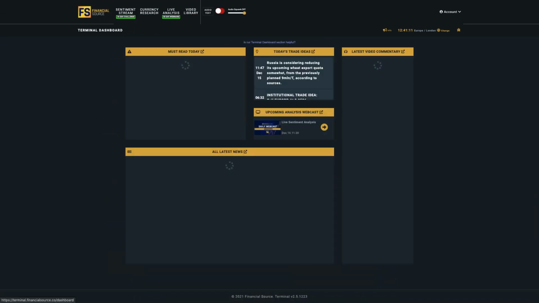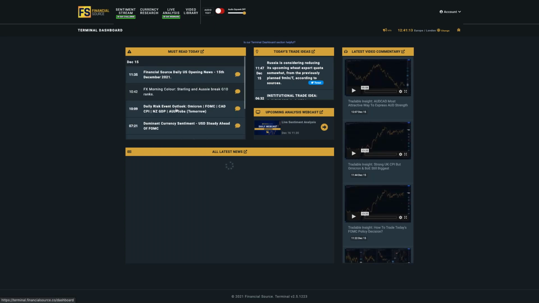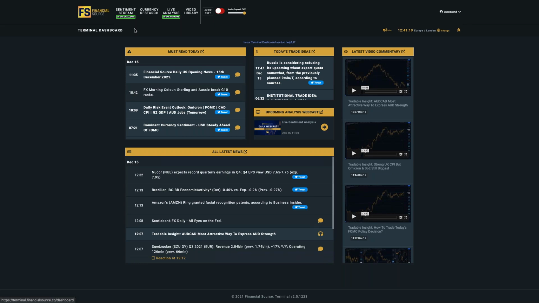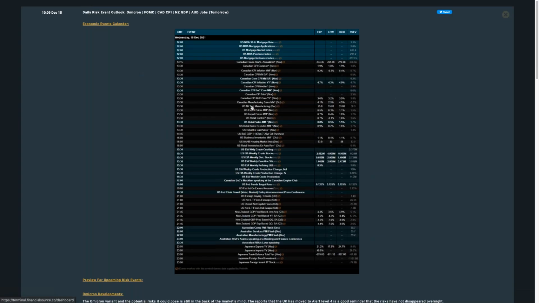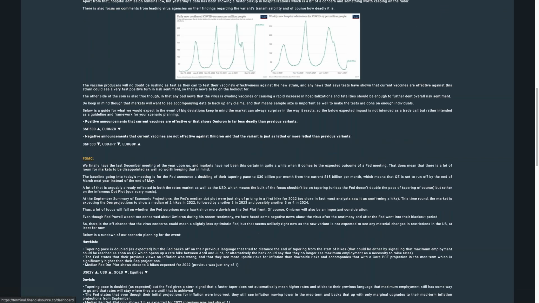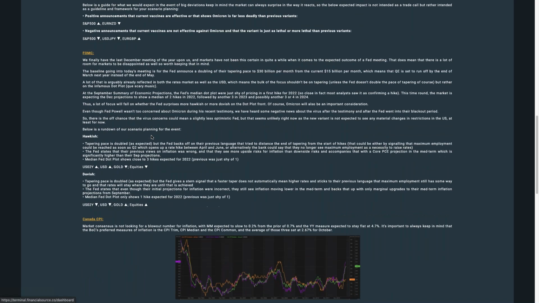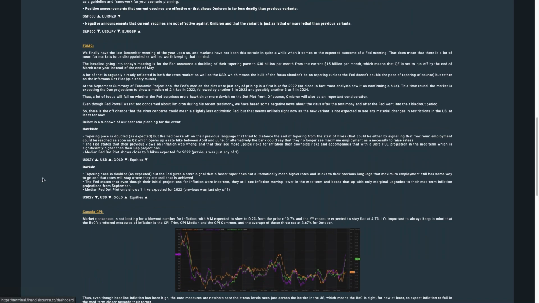The daily risk event outlook is all to do with the speed of the taper. So this is what to look for, and do take a screenshot of this. You can use it. Okay. Now, if the pace is doubled, and that's what's expected, there is a risk of a buy the rumor, sell the fact response today, because the Fed are expected to taper more quickly.